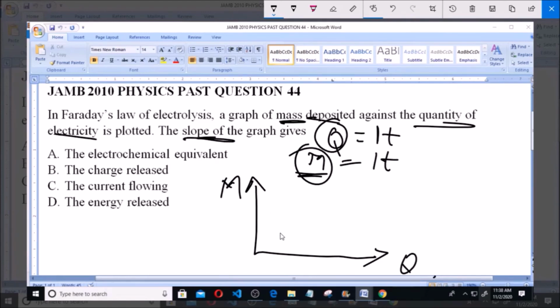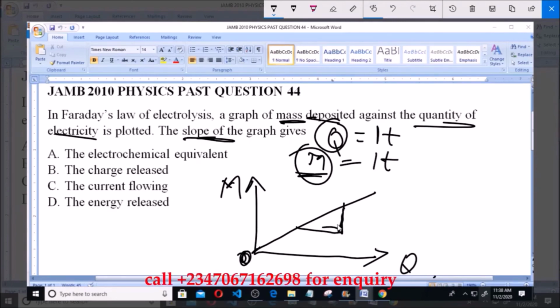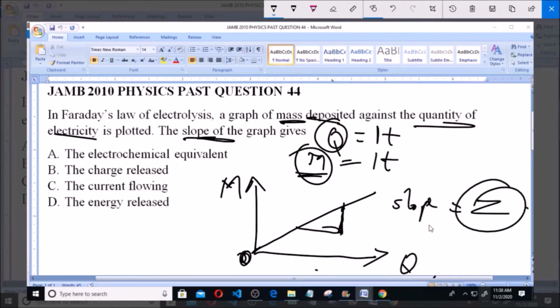Now if you plot this graph, it usually presents itself as a straight line passing through the origin. This is the origin, so a straight line passing through the origin. This is how the graph usually presents itself. Now if you take the slope of the graph, the slope is usually equal to Z, and Z is the electrochemical equivalent.